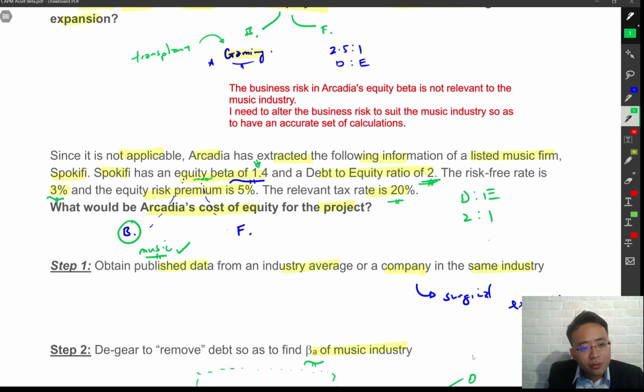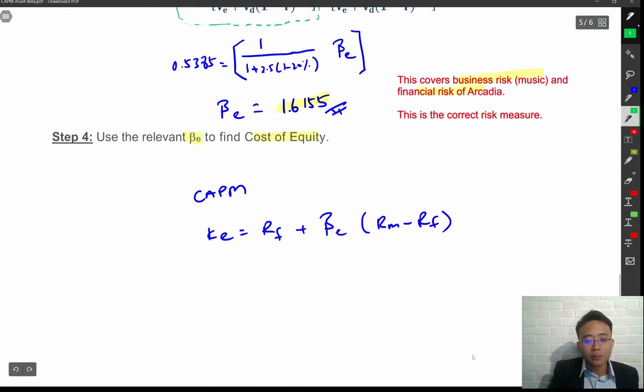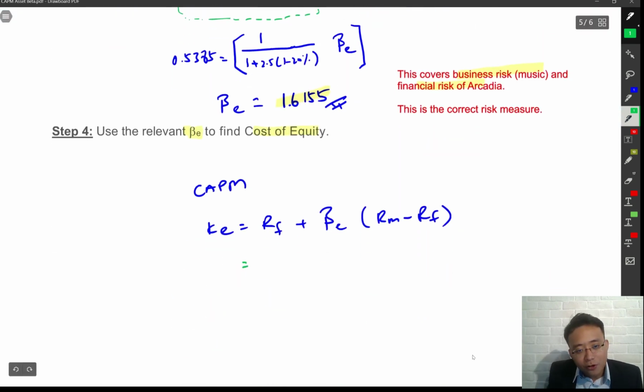Equity risk premium, remember, what is equity risk premium? RM minus RF. So, people, my risk-free rate is 3%, and RM minus RF is 5%. You just put it like that. Remember, equity risk premium is the two combined, right?